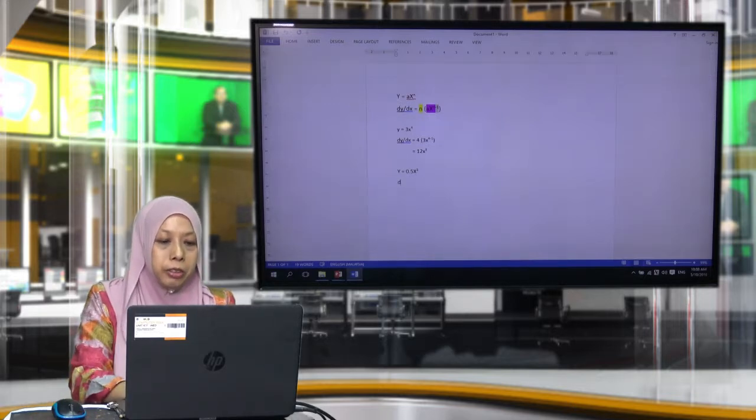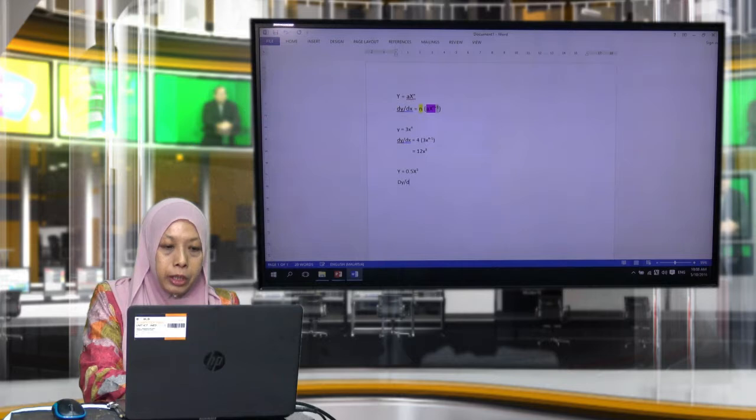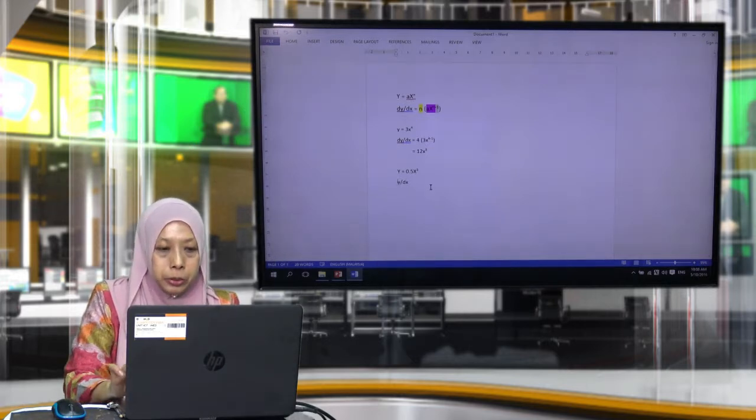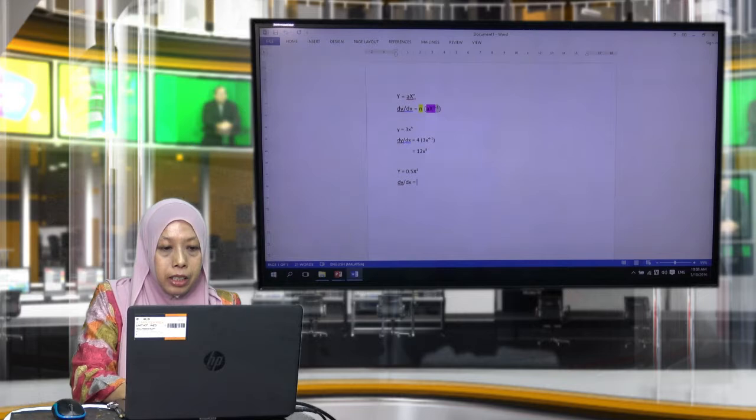Remember, we want to differentiate the function, so we follow the 3 steps. The first step is to bring down the exponent. What's the exponent? It's 3.